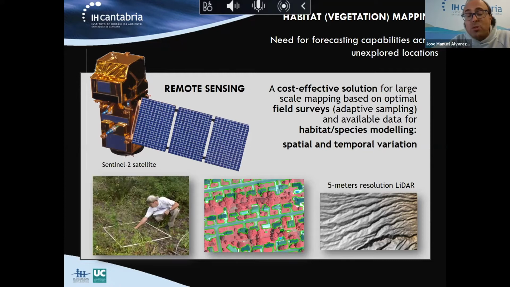It's absolutely impossible, even in developed countries. Of course, in countries that do not have a lot of money to invest in environmental protection, there is no time, no people, and no money for observing the whole territory. So remote sensing is a tool, through modeling, that allows us to enlarge those observations, okay?